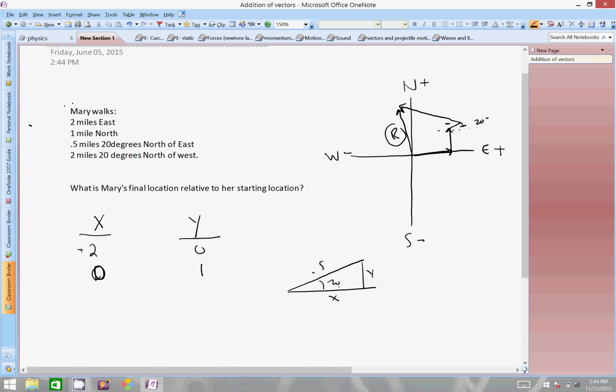The math is the sine of 20 degrees times 0.5 will give me my y component, and the cosine of 20 degrees times 0.5 will give me the x component. So punch that out.